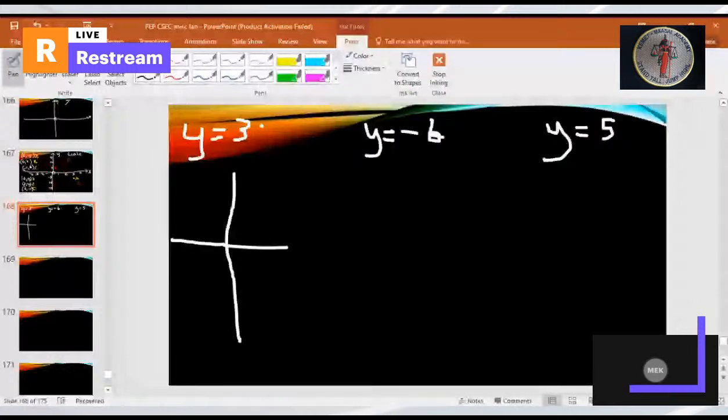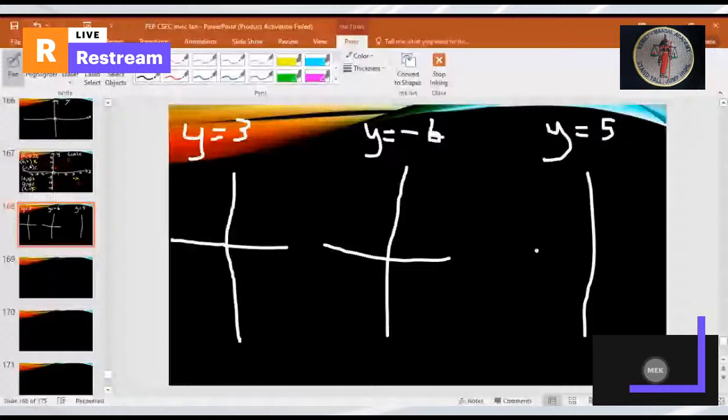For the line y equals 3, all we need to do is find where 3 is and draw a straight line across from there. It's a plain and simple line. Wherever 3 is, you go straight across. That's the line y equals 3.